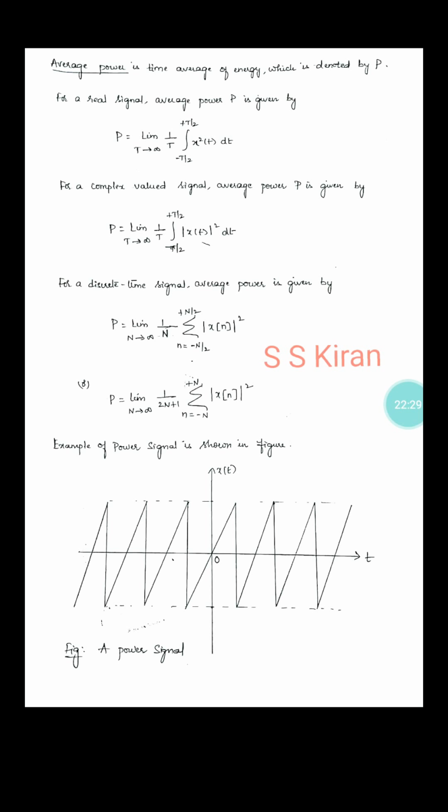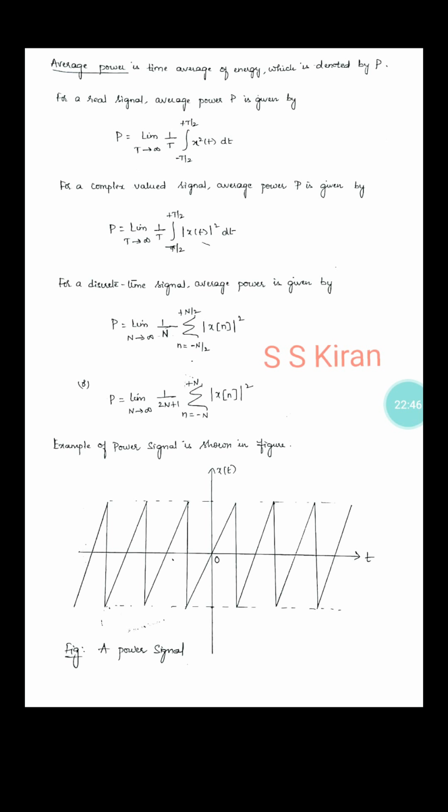That is the average power equation. If it is complex, simply put the modulus. P is equal to limit T tends to infinity 1 by T integral minus T by 2 to T by 2 of mod x of t whole square dt.